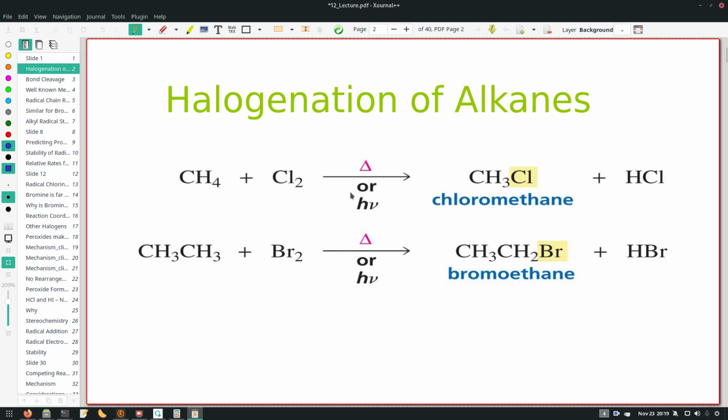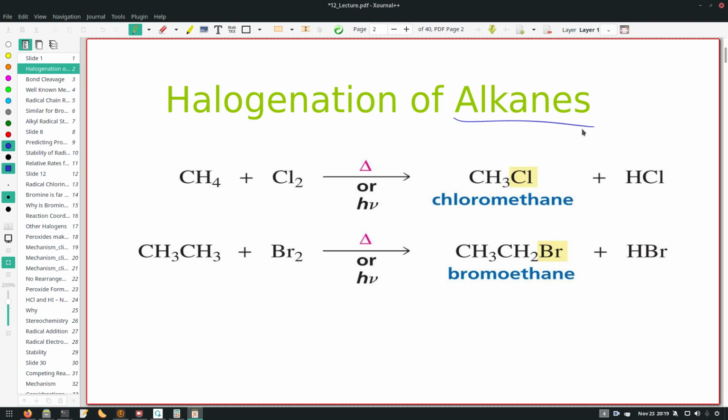Technically speaking, that halogen that we just saw, that chlorine, is going to be used to make this reaction happen. Now, this is kind of interesting. The halogenation of alkanes is about the only thing we can do with alkanes. Alkanes are relatively non-reactive. If you're ever given an alkane, an easy thing you can do is add a chlorine or a bromine to it.